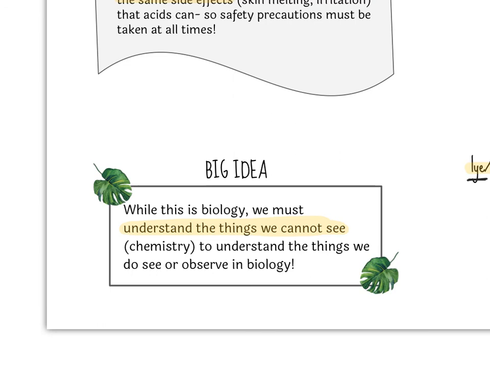It's a lot easier to understand because we can see it and observe it. But chemistry is not the same way. It's things we cannot see. But in order to understand biology, we have to understand chemistry. So we must understand the things we cannot see, which is chemistry, to understand the things we do see or observe in biology.